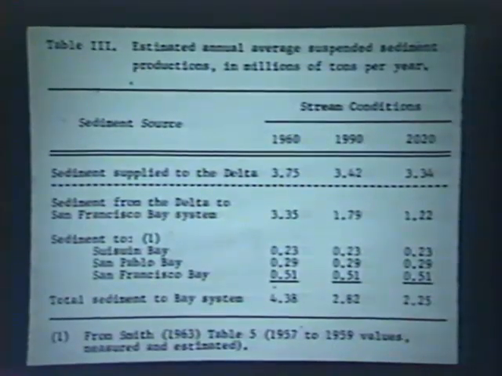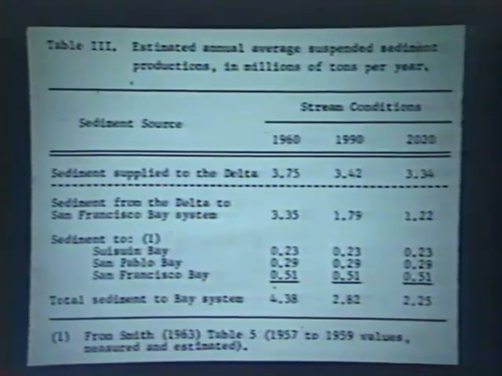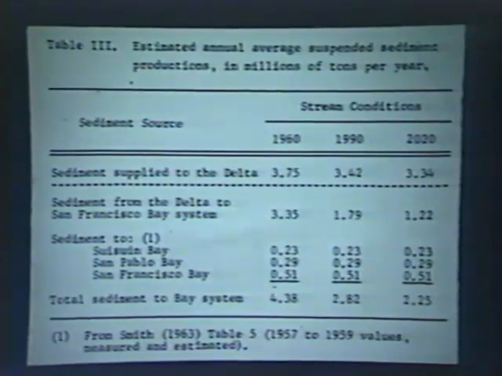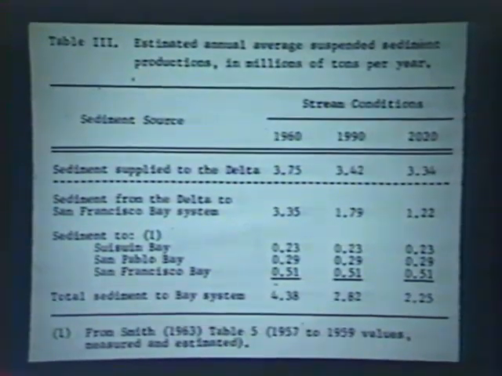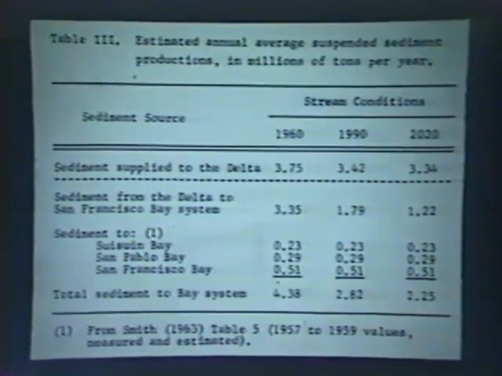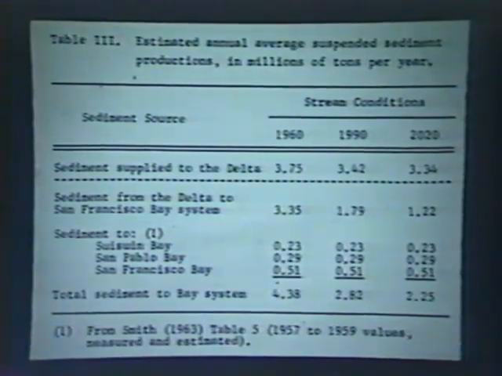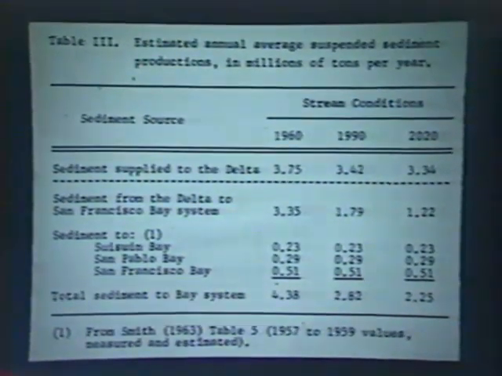So on the average, we're talking about an appreciable reduction, but keep in mind that the variability that I showed you before indicates that there will be times, 40% of the years, that will have very low concentration, and it's those times that we have problems. Once you kill off the fishery, it's awfully hard to reestablish it, so it's those times that are critical.